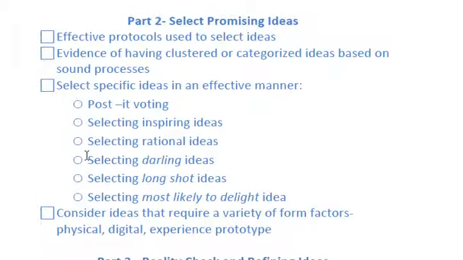So once you have all of the ideas brainstormed, you are going to begin clustering. So, clustering and categorizing ideas based on their similarities, and then seeing what themes are emerging throughout those clusters. Within your group, silently first, select which are the most inspiring ideas, the most rational ideas, some of the most darling ideas, the ones that are innovative, and the most long shot.